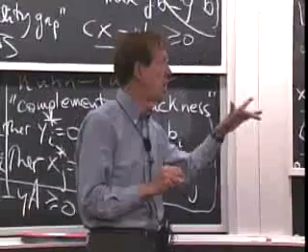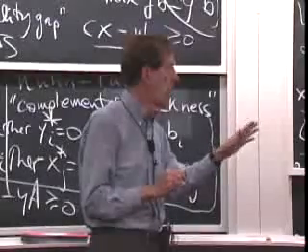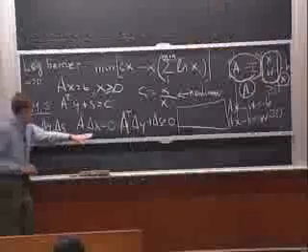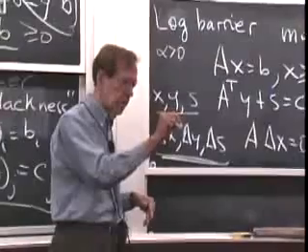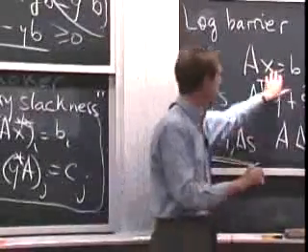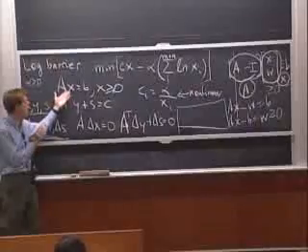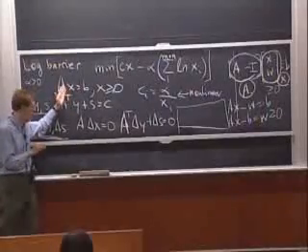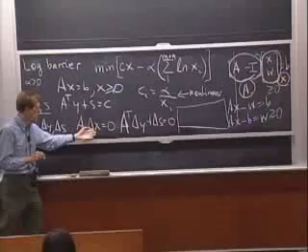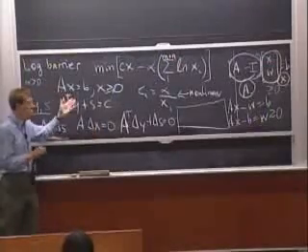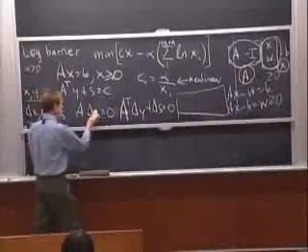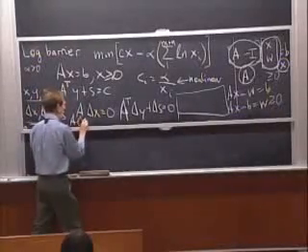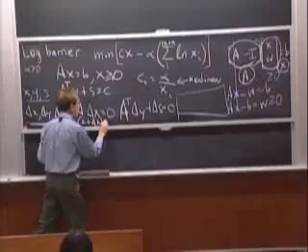If I keep A delta x 0, then my new x is exactly feasible. If I'm at an Ax equal b and I move it by a delta x that's in the null space, then A(x plus delta x) is still equal to b.